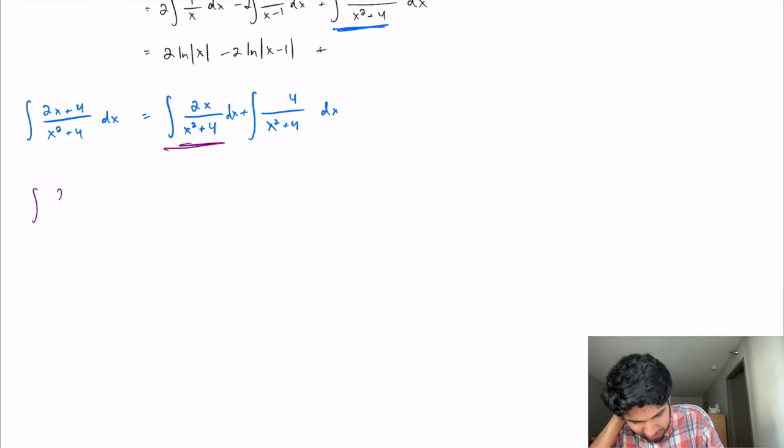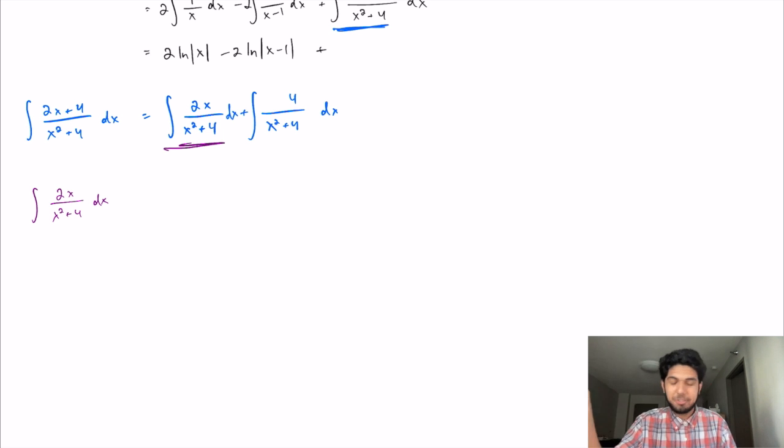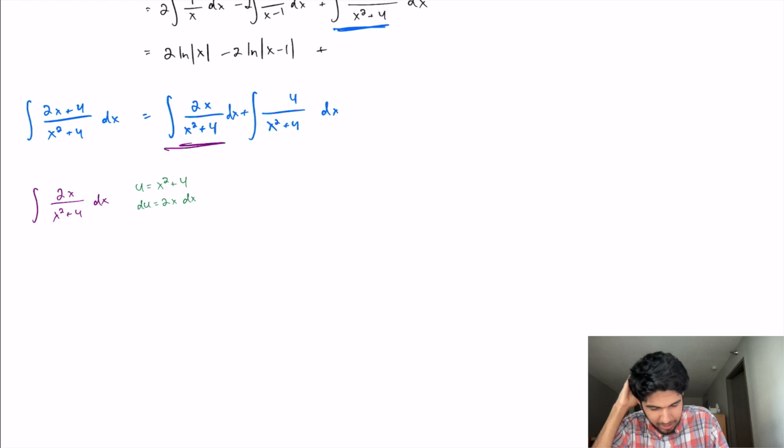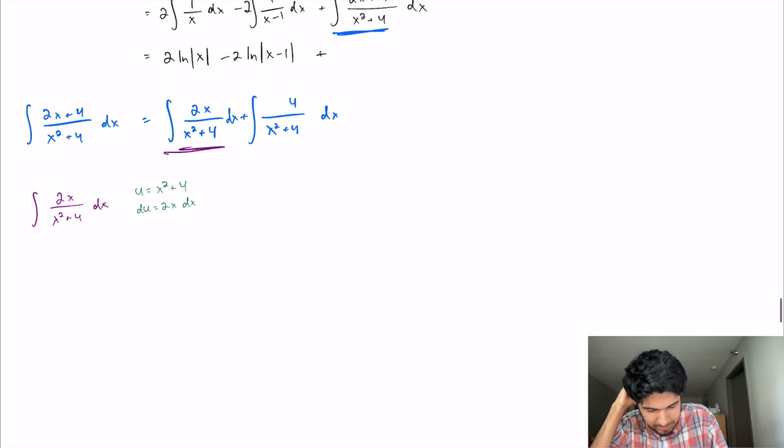So the integral of 2x over x squared plus 4 dx, you could bring out the 2 in front, but I don't want to for one reason, because we're going to solve this using u substitution, where x squared plus 4 will be our u, which means du will equal 2x dx. And if we return back to our integral, this gives us the integral of 2x divided by u times du over 2x.